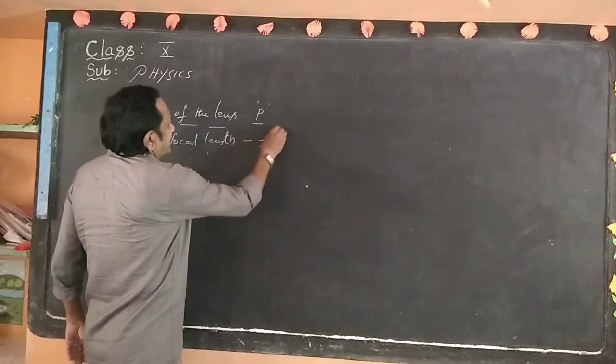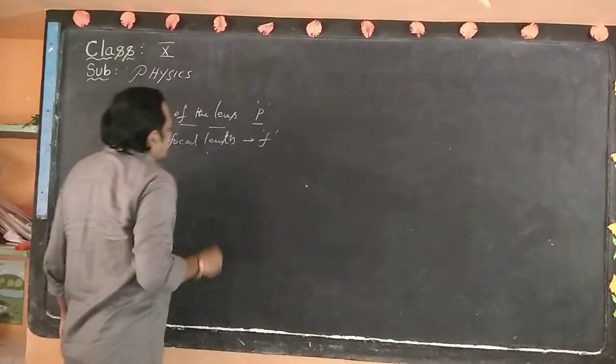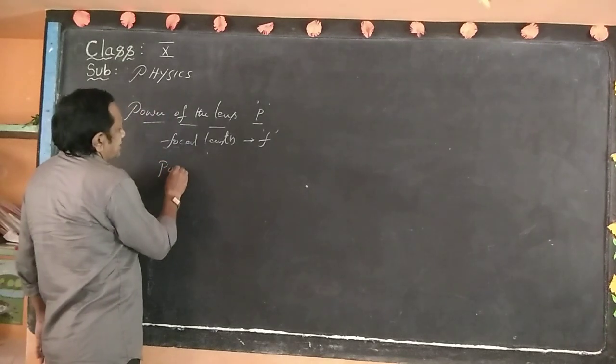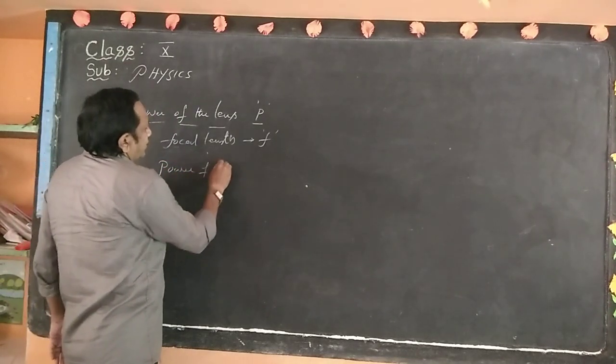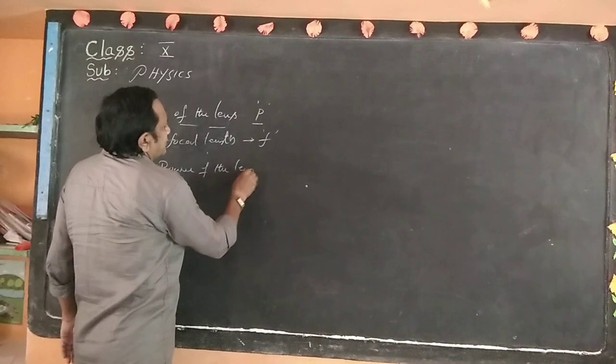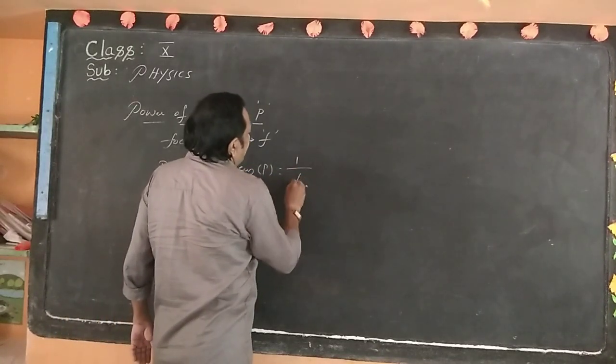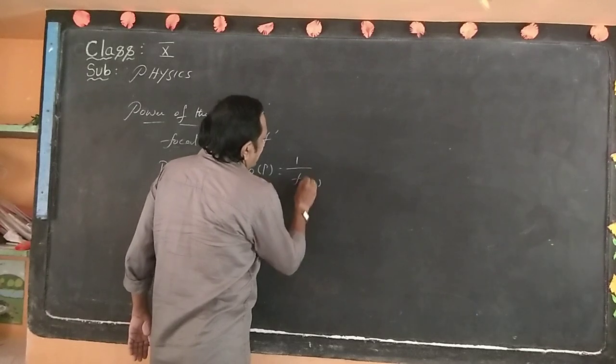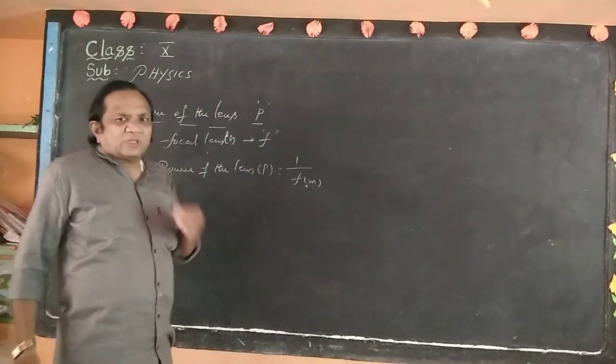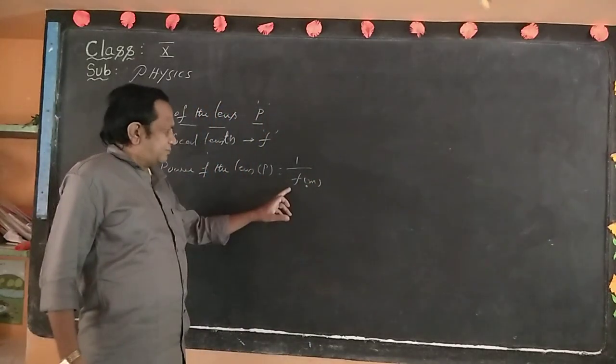Focal length is F. Then power of the lens P is equal to 1 by F, the reciprocal. 1 by F, we have to consider in meters.